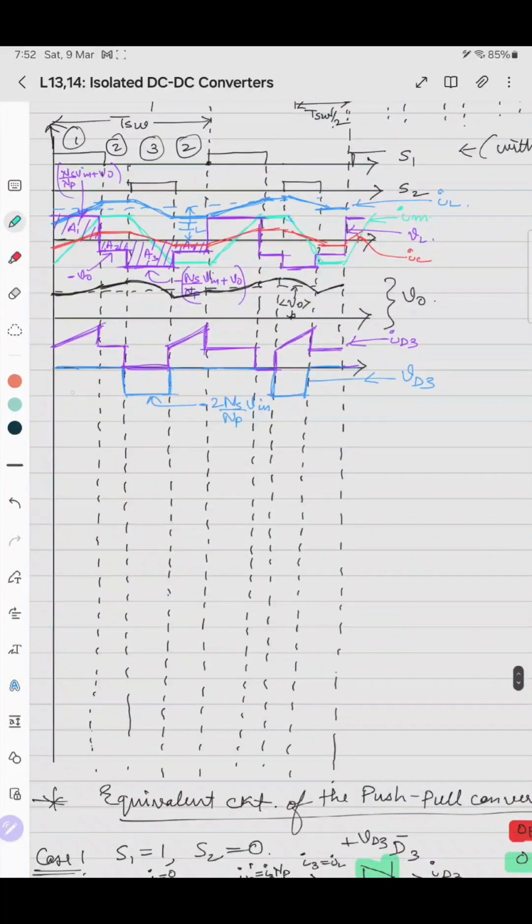So it is like this, off, on, then on. Only in case 1 it is off, so it is like this, and this value is again minus 2 ns by np v in. This waveform belongs to VD4.